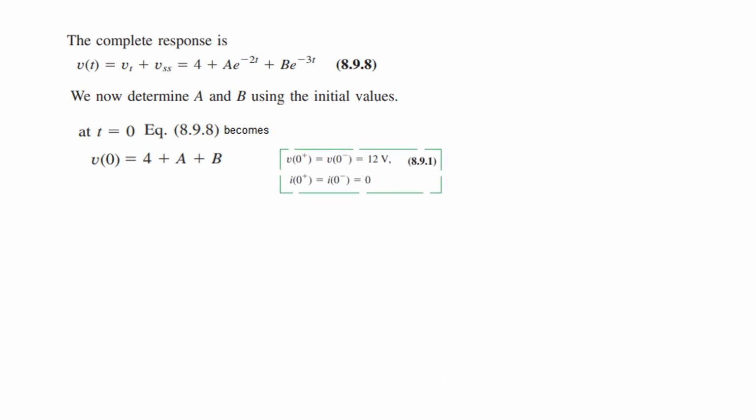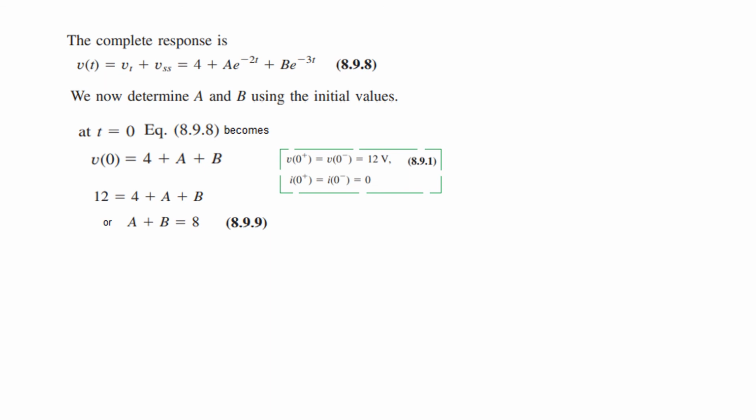Okay. Now V0 positive, V0 negative was 12, so we'll plug in this value here. So 12 is equal to 4 plus A plus B, or A plus B is equal to 8. So this is one equation.